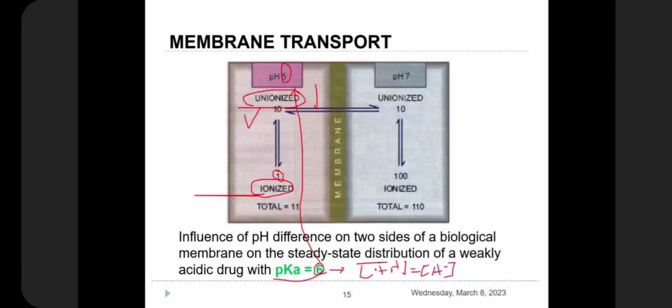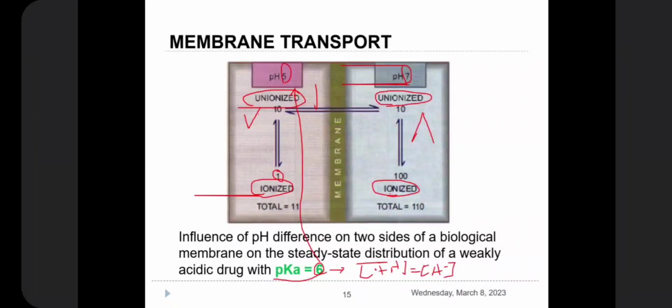But for some base, the pH is 7. When it gets to a slightly basic environment, the unionized form is smaller than the ionized form.